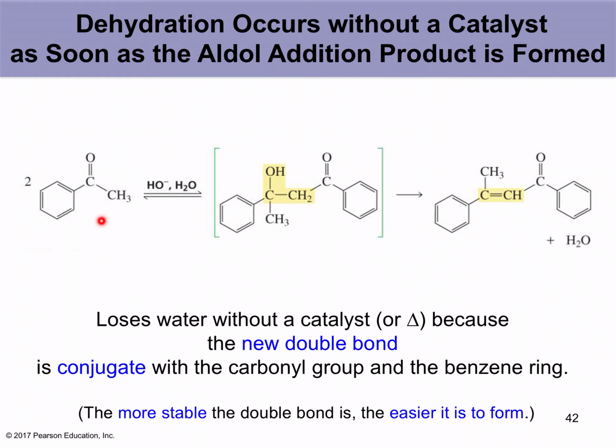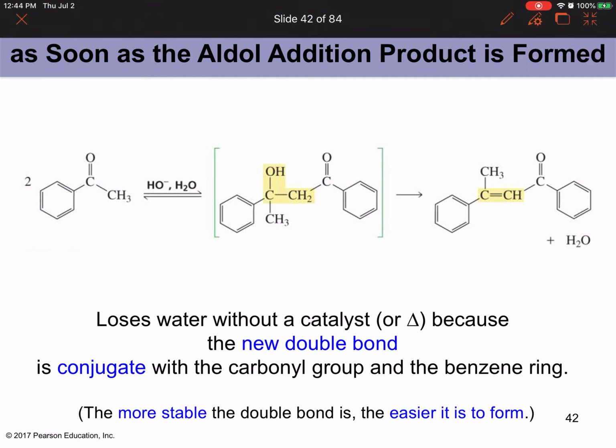Now for example, this is benzaldehyde. When benzaldehyde condenses, now you know how the bond is going to form. If you recall, we only have alpha hydrogens on this side. There are no alpha hydrogens on this side. So the connection is going to happen like that. On this side you have the benzene ring and then CH3.